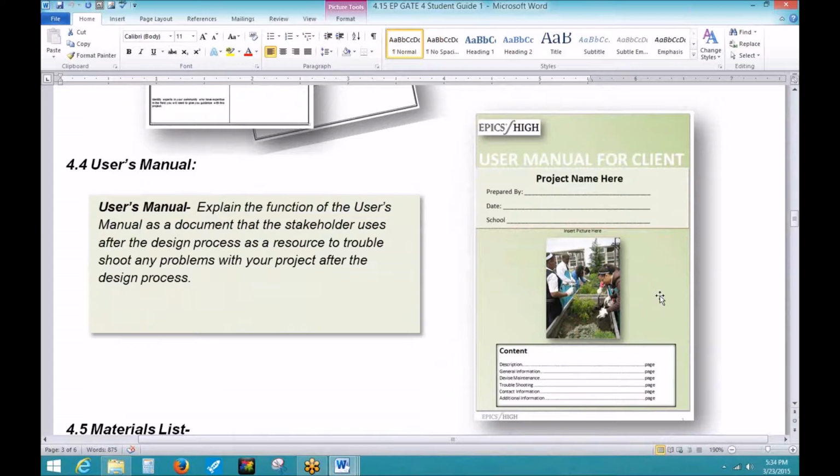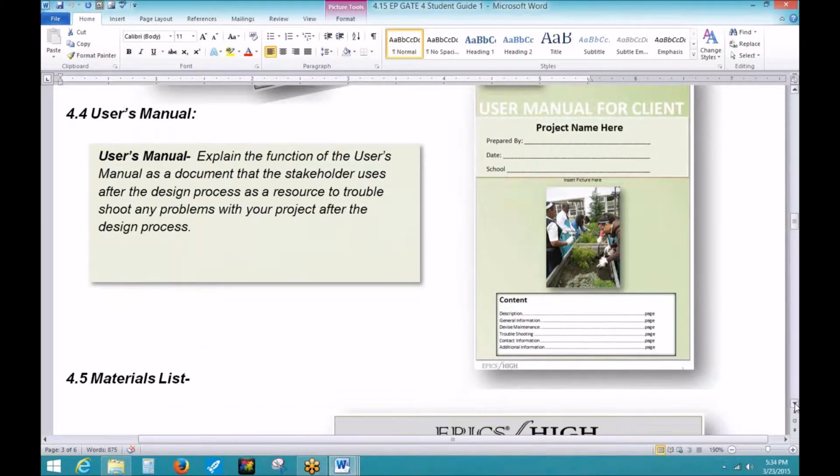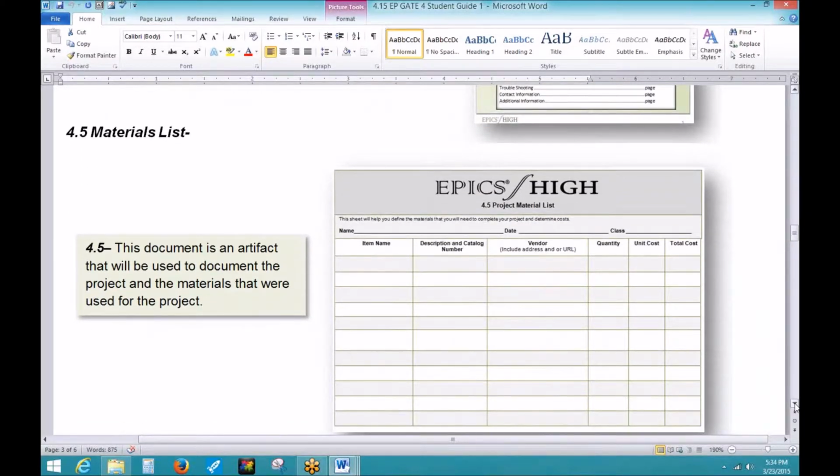They can also be very creative with this. It doesn't have to be this, but it is important that they have a user manual.